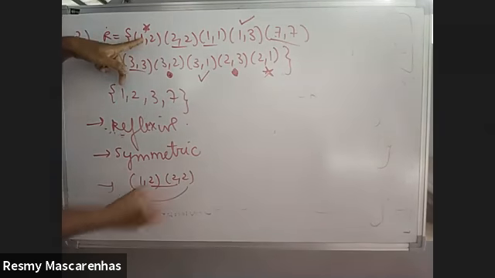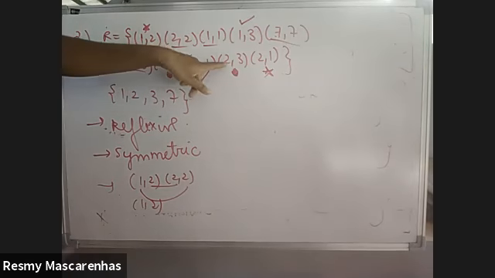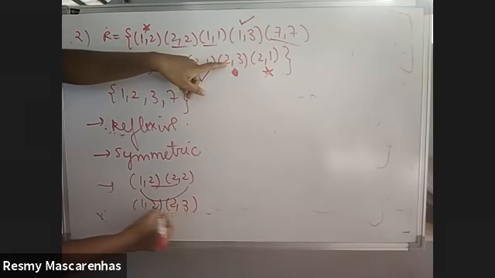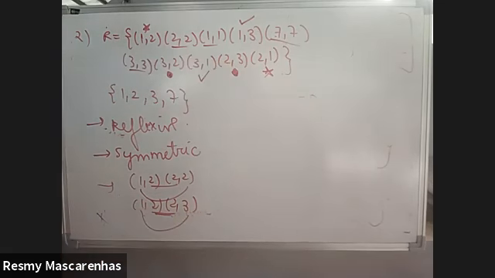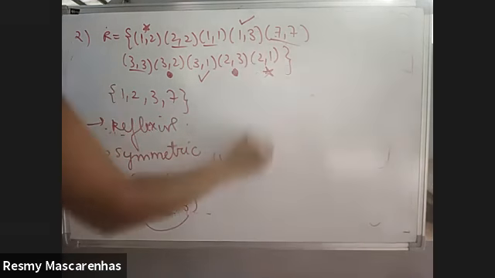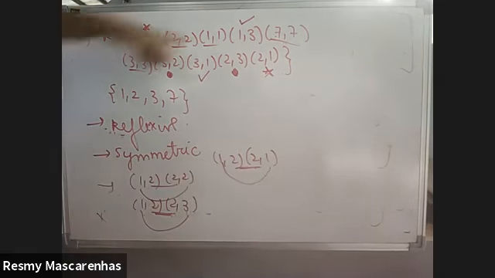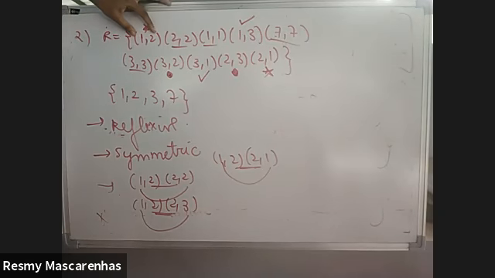Then same 1, 2 with any other pair starting with 2. 2, 3 gives you 1, 3. Is 1, 3 there? Yes, 1, 3 is also there. Then 1, 2 with 2, 1 gives 1, 1, it is there. So this is done with the first pair.